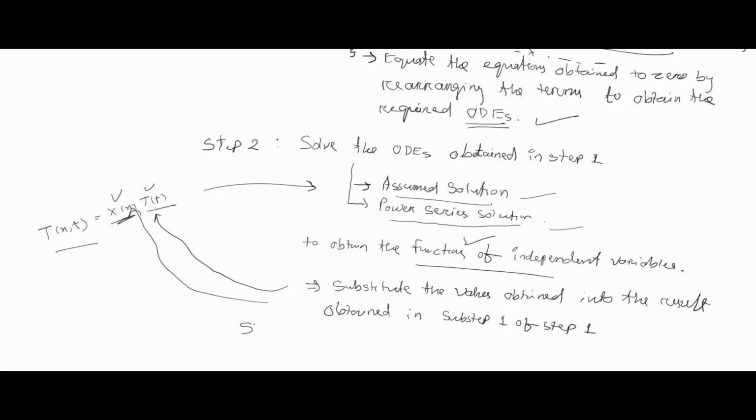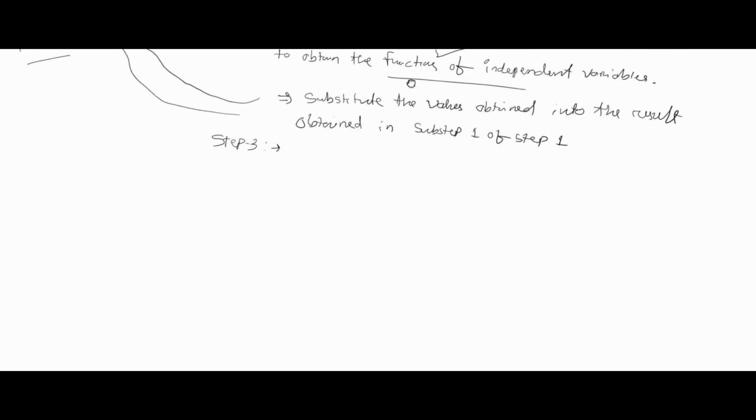Now step number 3. In step number 3, what do we have to do? We have to use the boundary conditions. Apply the boundary conditions to obtain the values of constant coefficients.